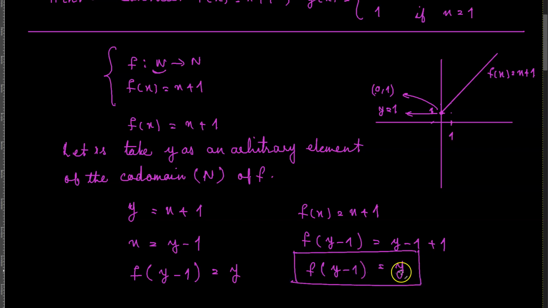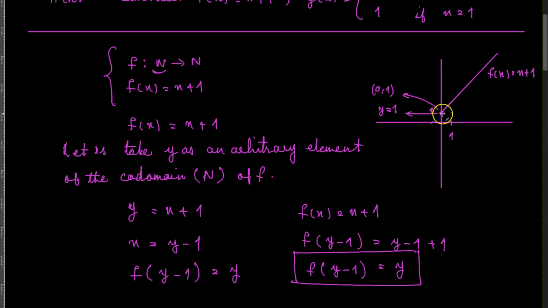That means that for every y that I find in the codomain of this function, if I want to get to that y, I need a y minus 1 in the domain of the function, right?